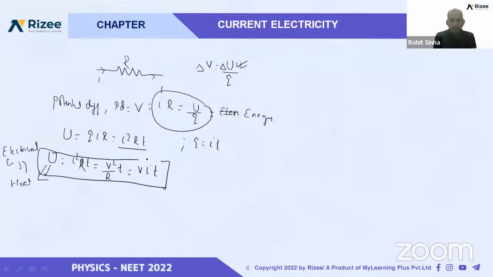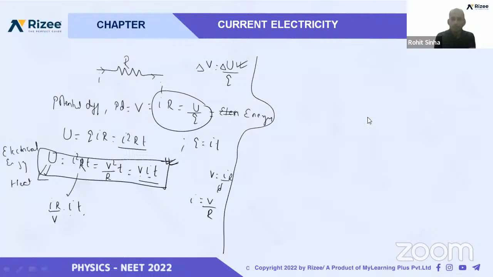I'm not going deep into the derivation, because you can write I into R into I into T, with V for I into R, and you will get VIT. And if I substitute I equal to V by R, you will get the other formula. You must have studied all these in class 10th also. Remember these formulas. They are important.